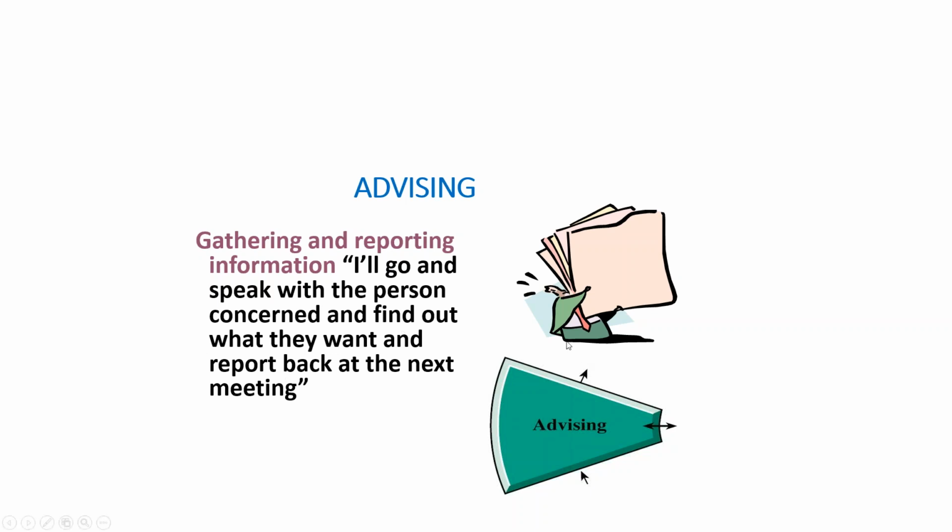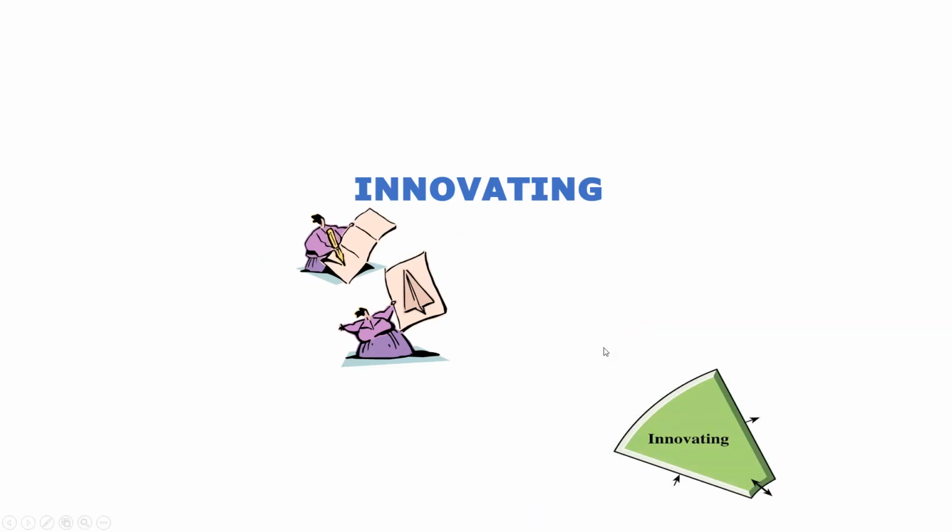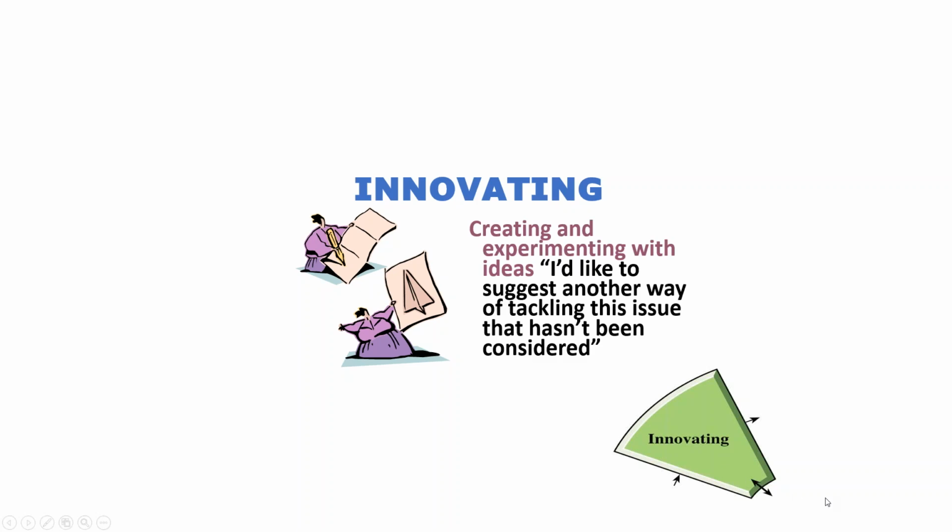So moving around the wheel, once we've got the right information that we need in order to make a decision or solve a problem, the next step is that we have to start innovating. Now, I'm not talking about the innovation such as a Google type of innovation. I'm talking about innovation in terms of creating and experimenting with ideas.